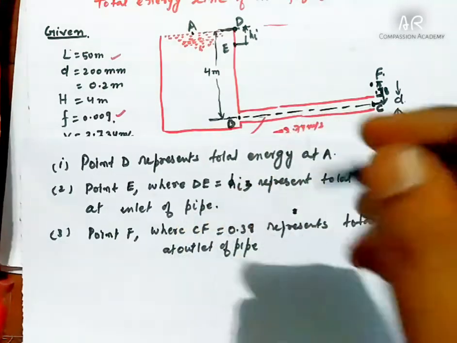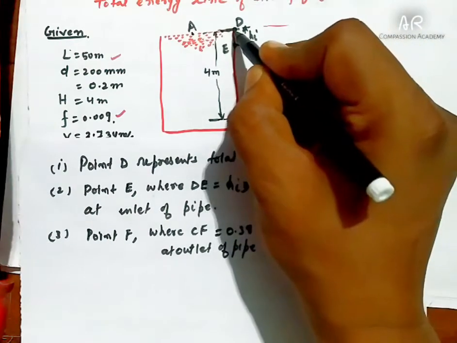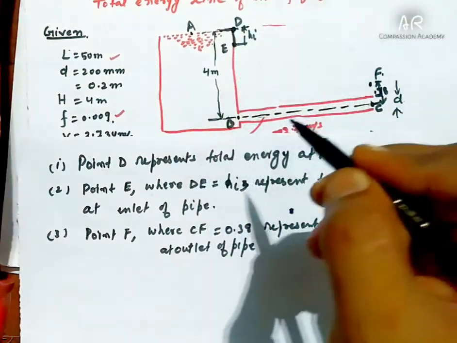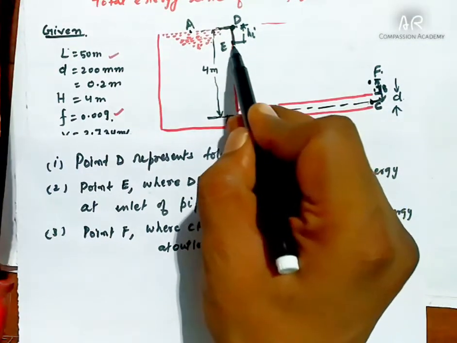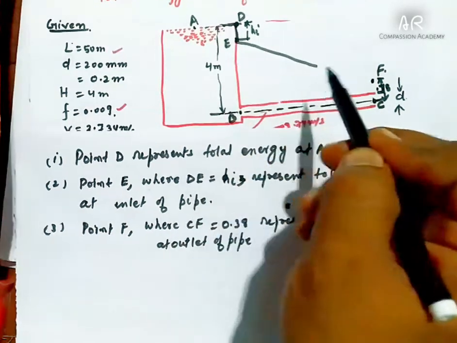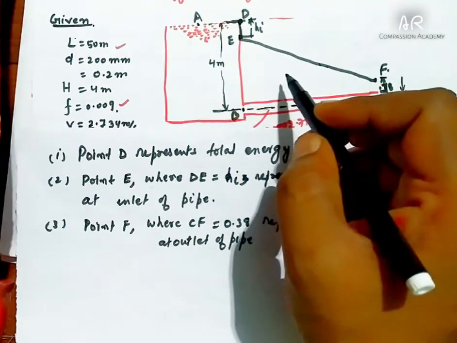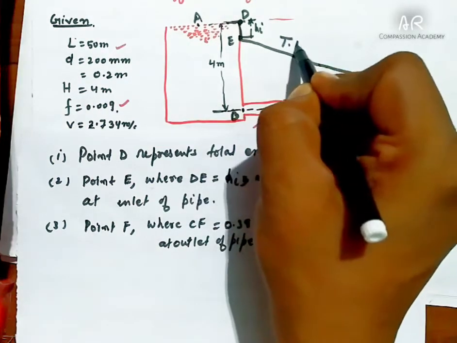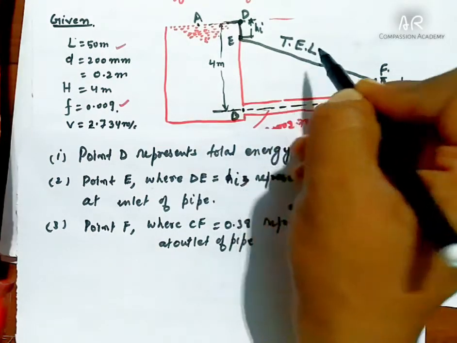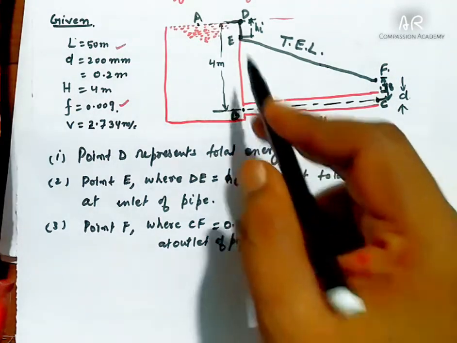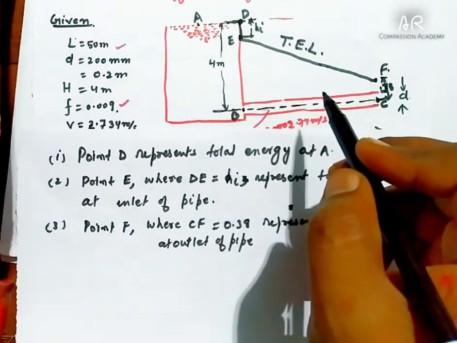Now join D to E and E to F. So DEF is called TEL, the total energy line of this figure.